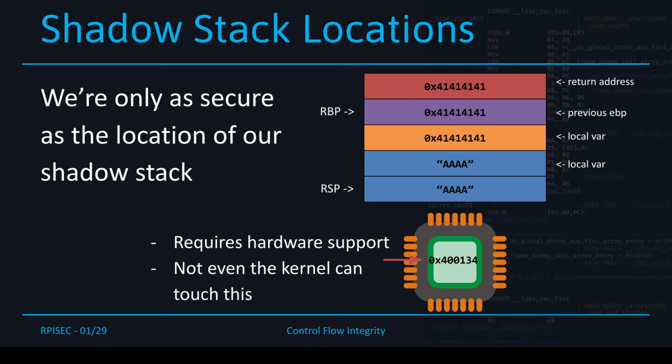And the only way that you can touch this is by using a special set of instructions that will push and pop to this shadow stack. So it's a really amazing tool. It means that it's incredibly difficult to corrupt that stack frame, because you can't access that shadow stack with a normal read primitive. You have to use one of these dedicated instructions.